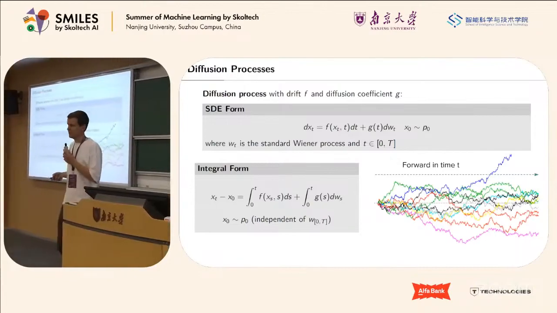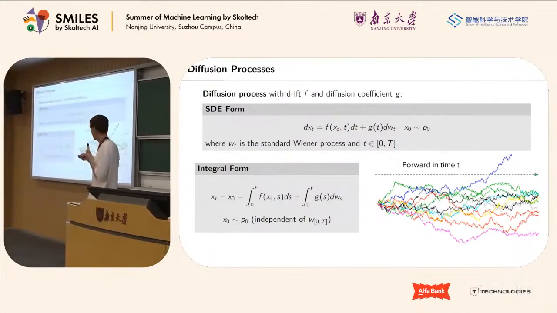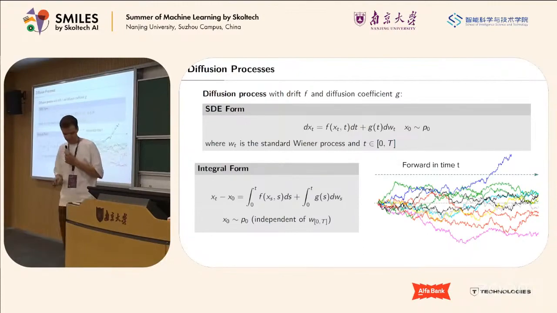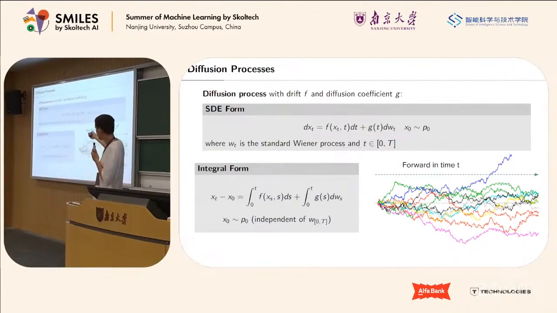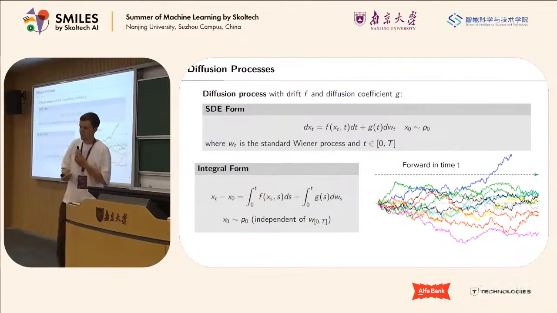The first is movement along some vector field, usually called the drift field or speed vector. This is the same as we discussed in the previous lecture on ordinary differential equations. If we just drop the diffusion term, we have deterministic movement along some speed vector.